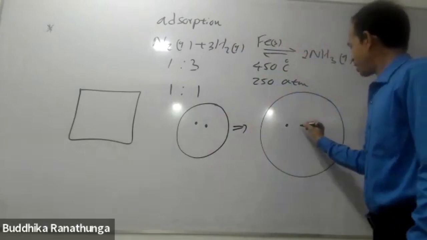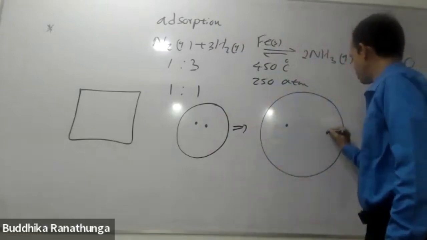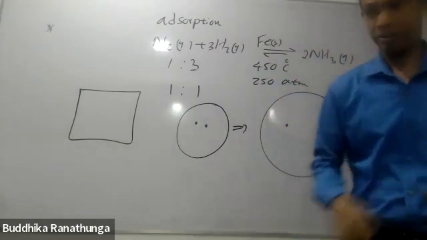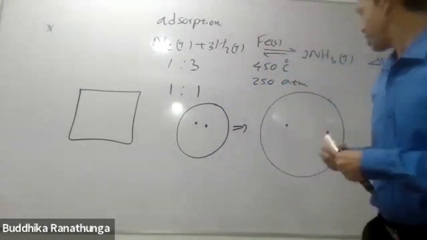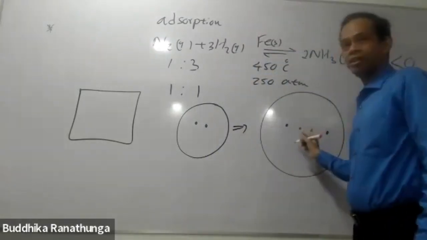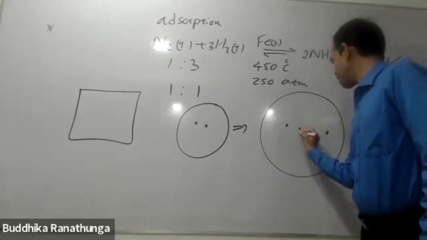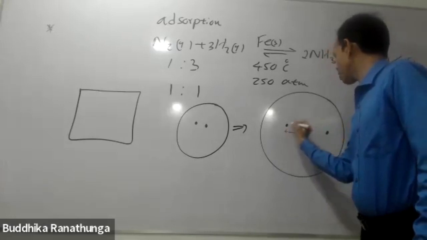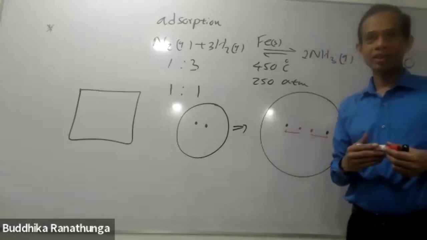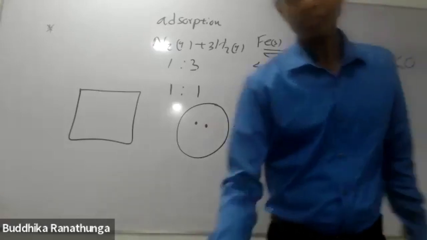That means say before increasing the volume, the particles were this distance, right? And then this particle moves from here to here, this one from here to here, right? Then what about the force?